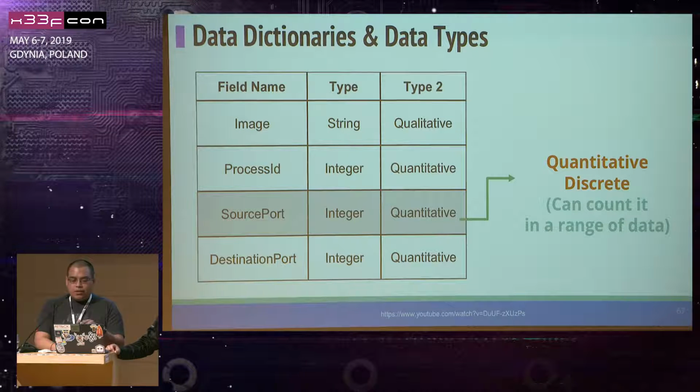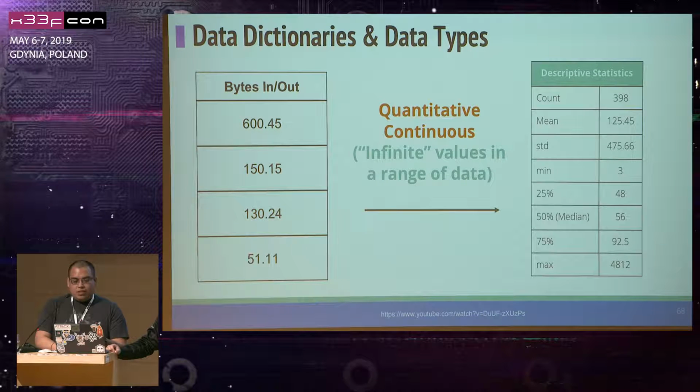So using descriptive analytics like the mean or average, maybe the max, standard deviation, median, right? Most of the time, the value is not going to mean anything. But if we apply the same concept to quantitative continuous data, where in a range you will have infinite values, like bytes in or out of your network, you can find the mean, the standard deviation, all these descriptive statistics.